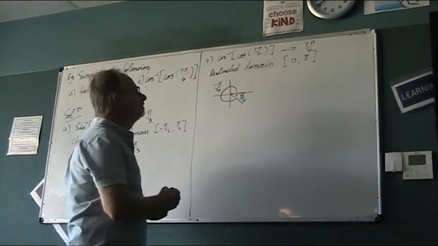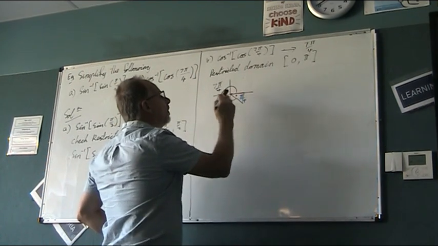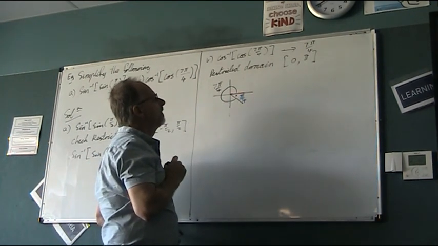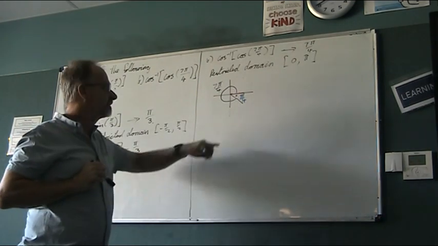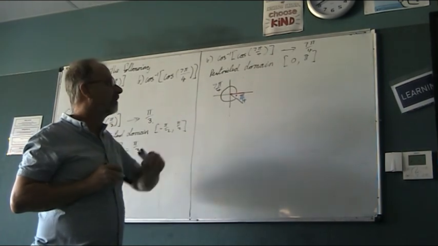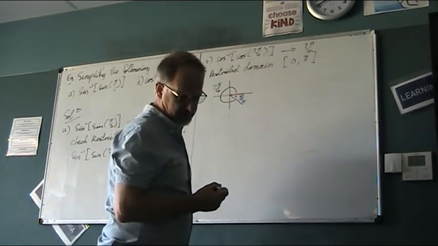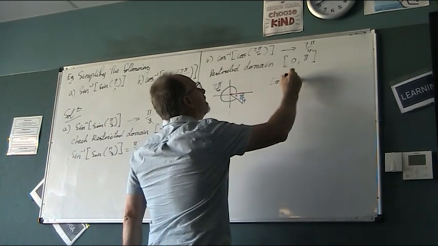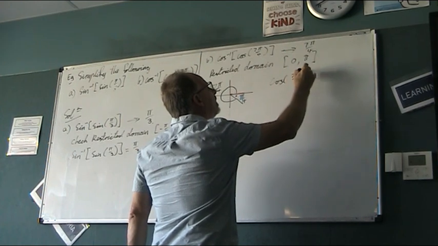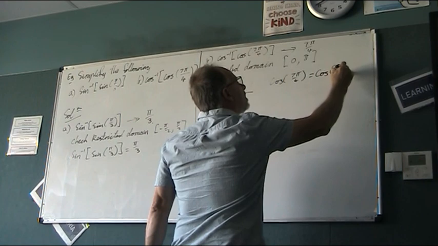And what else are we looking at there then? This is our reference angle, yes, which is pi on 4. So we know that the cos of 7 pi on 4 is the same as the cos of pi on 4.